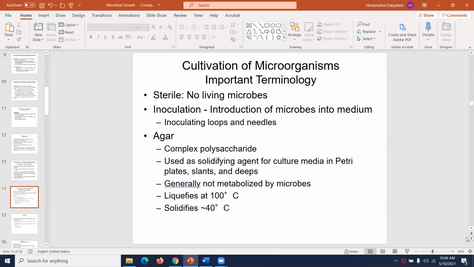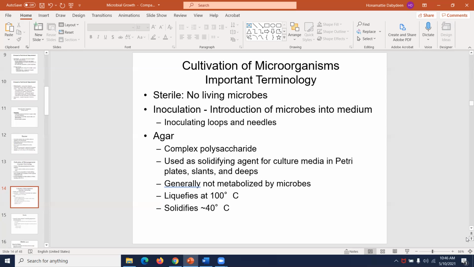Bacteria, I don't think they care whether we feed them liquid or solid or semi-solid medium, as long as they get their nutrients. But we want to identify them, see how they're growing, what they look like, learn about them. And so we will make the media at different consistencies.